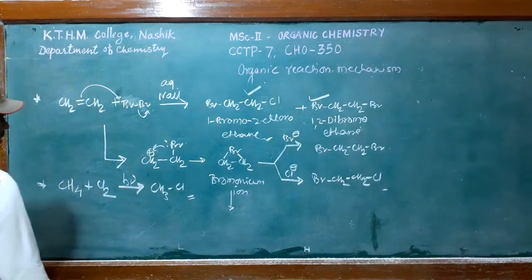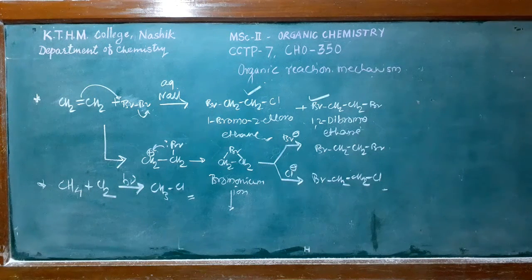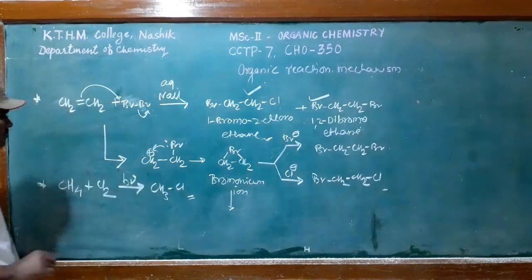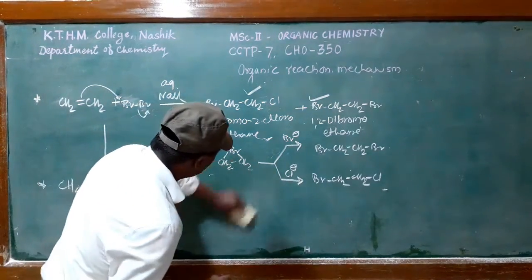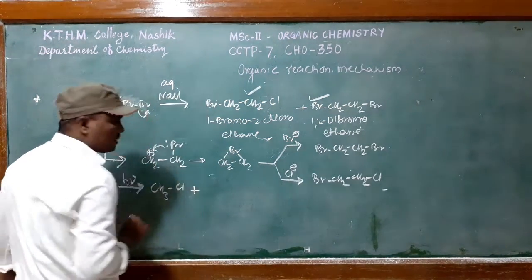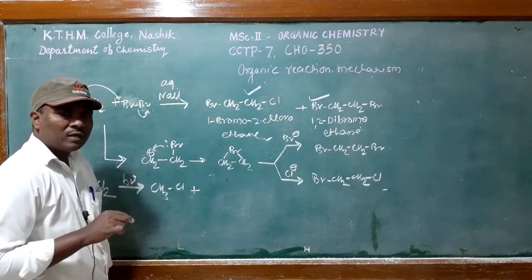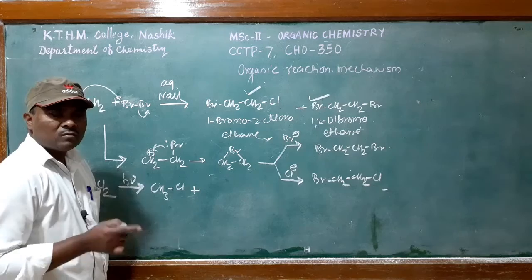I am sure you might have studied this reaction also in your undergraduate class. So the reaction works like this in the presence of light, and the interesting part is how we can determine whether this reaction is working via a cationic mechanism or a radical mechanism.